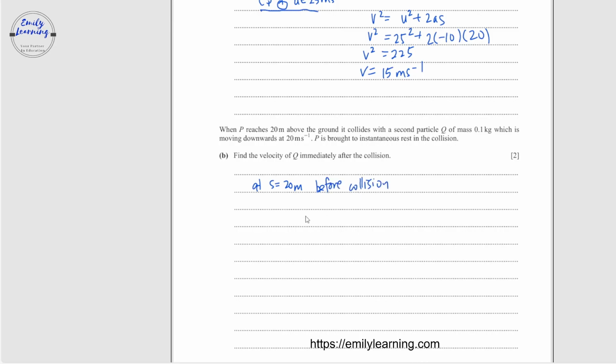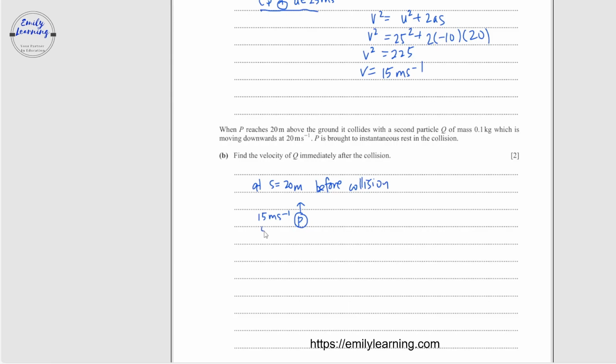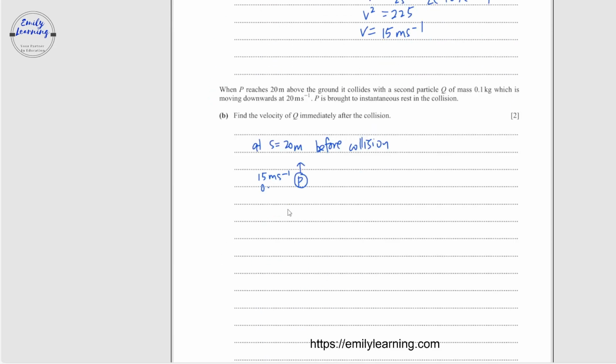So before collision, P is moving upwards at a speed of 15 meters per second, and P has a mass of 0.2 kg. Q is moving downwards at a speed of 20 meters per second, and it has a mass of 0.1 kg.